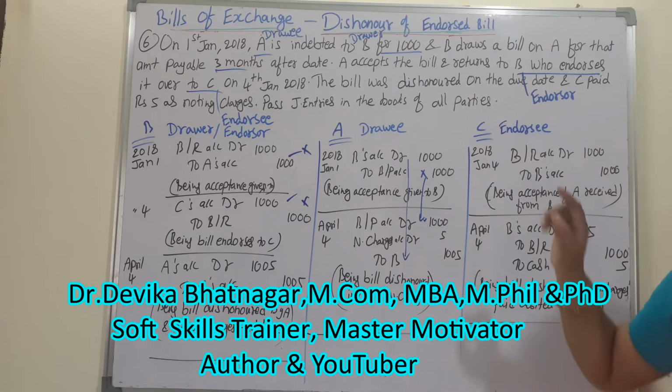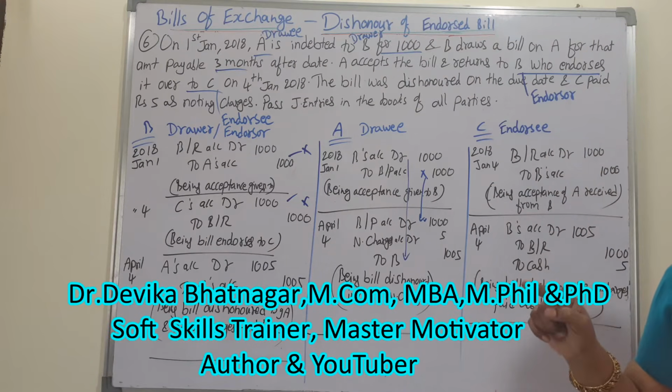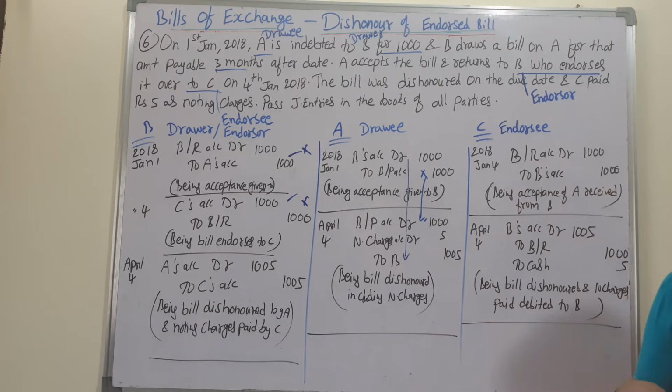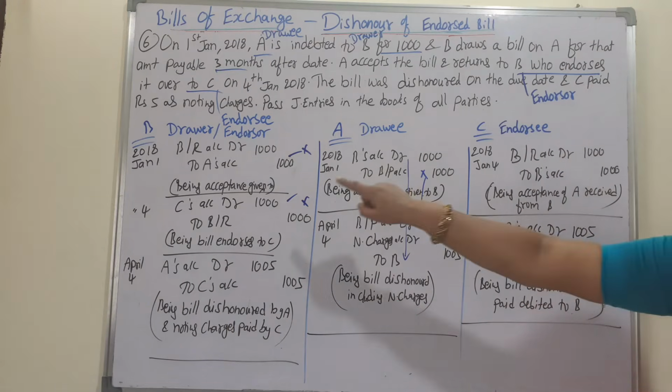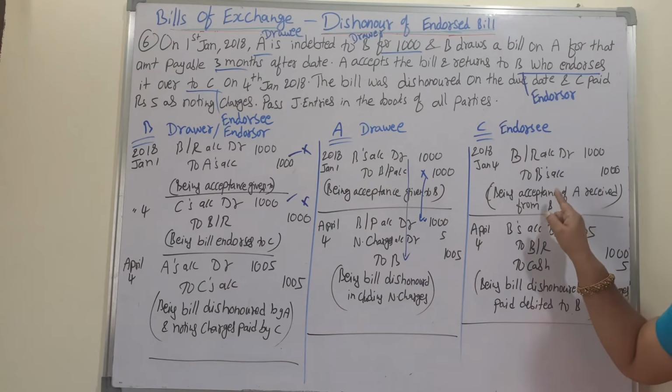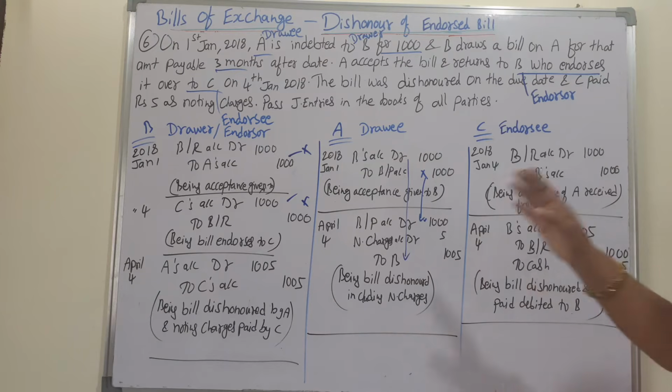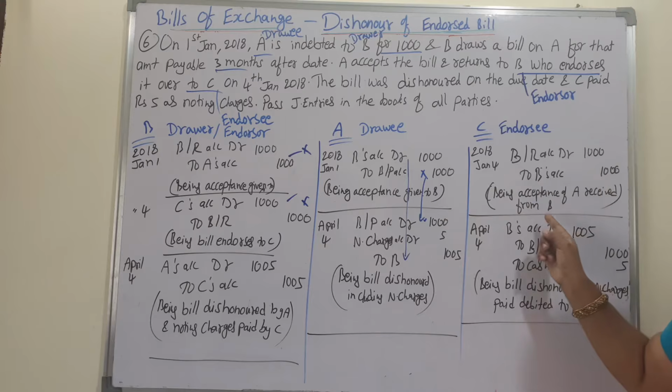Bills receivable, so he is debiting it. From where is he getting it? From B. B is giving to C, so B is credited. This is when endorsed. Being acceptance of A received from B, or when bill is endorsed from B. You can write it that way also.